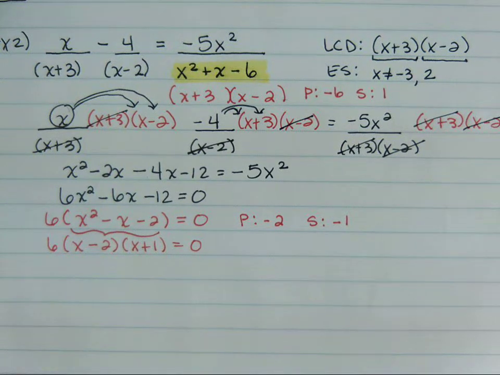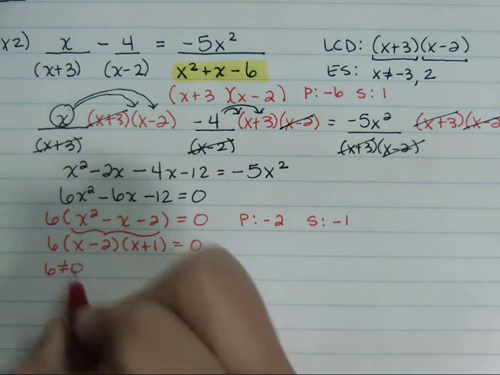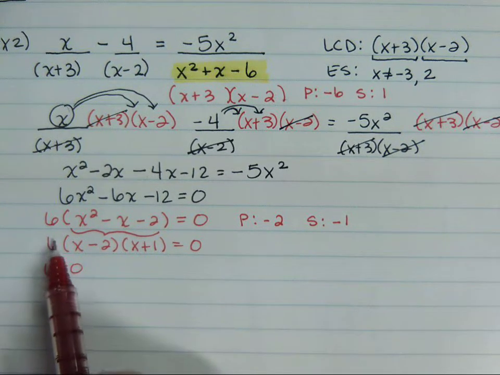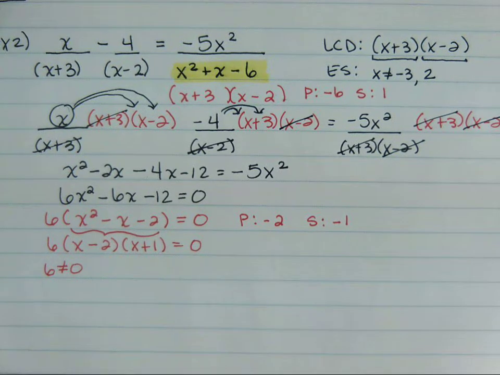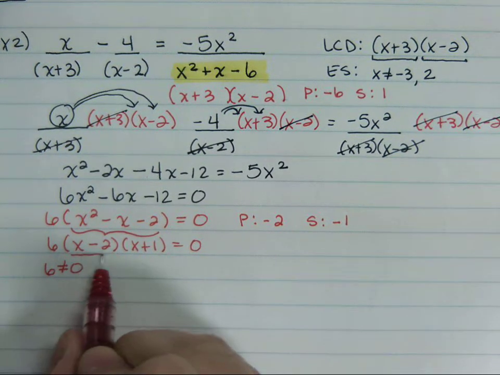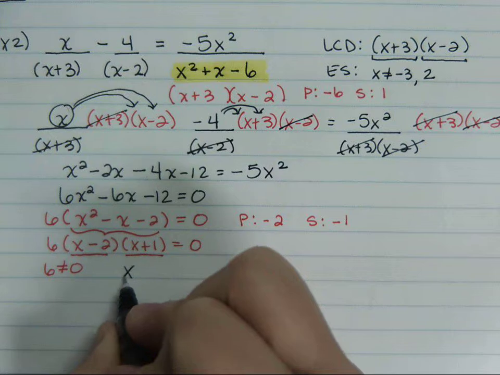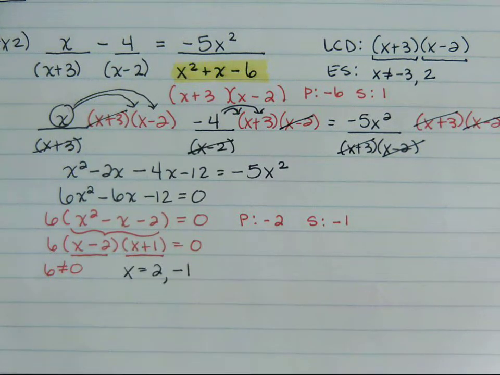Now remember, when you solve this, because this is just a constant, 6 is never going to be equal to 0. So that's not part of the answer. The 6 is just a common constant factor, and so I'm not going to have a solution for the 6. I will have solutions when I check when these two factors are going to be 0. That's going to happen when x is +2 and -1.